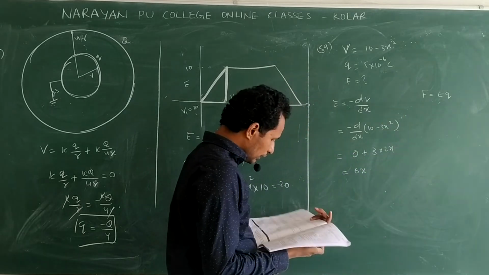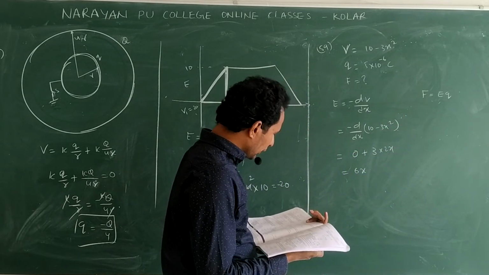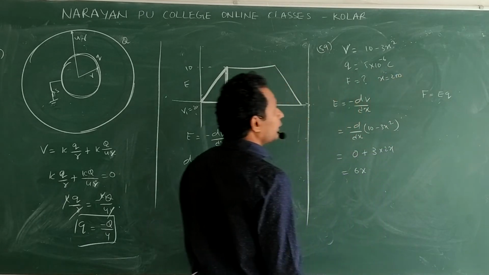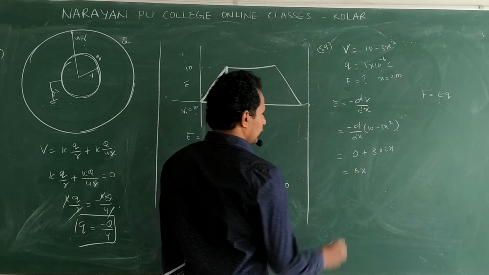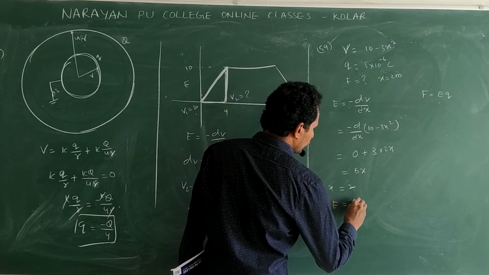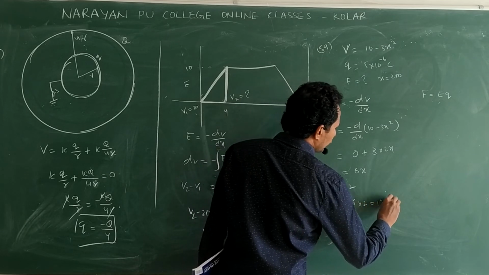The value of x is also given: when x is equal to 2 meter, what is the force? Then x is equal to 2, what is the field? E is equal to 6 into 2, 12 Newton per coulomb.